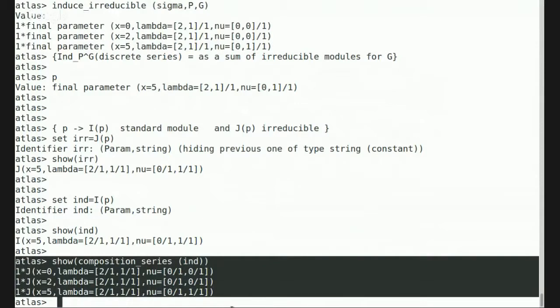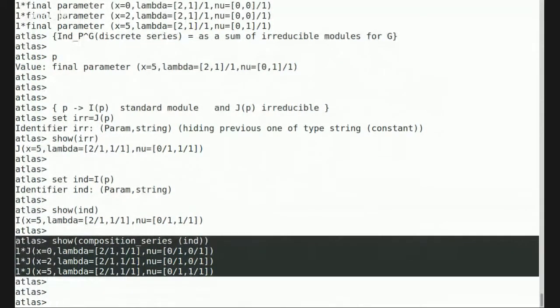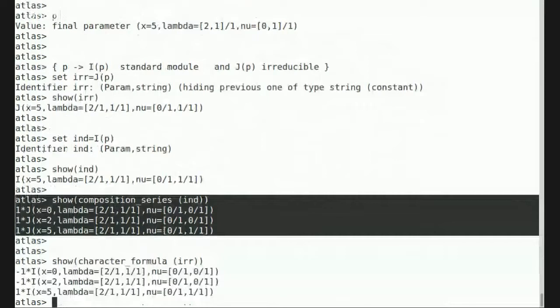Okay? And on the flip side, the other direction is when you have an irreducible, you have its character formula. When you ask for the character formula of an irreducible, that's writing the irreducible as a formal linear combination of full standard modules. Notice here, these are i's, indicating these are standard modules.